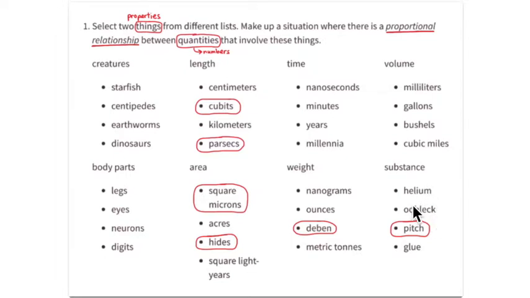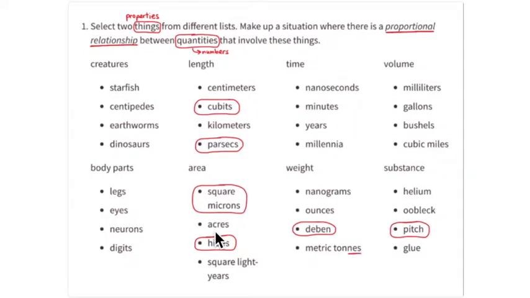So you might have to use a creature, a substance, and then a couple of different properties of either a creature or a substance. It is clearly up to you what students do.